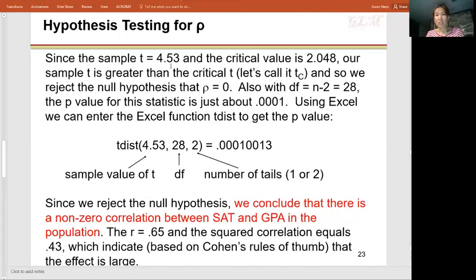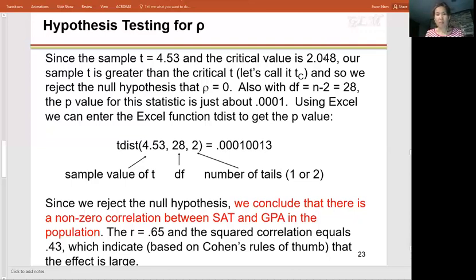So our t is this, and this is the criterion from the table. Since this t is larger than this critical value, we conclude it's statistically significant, which means we reject the null hypothesis.